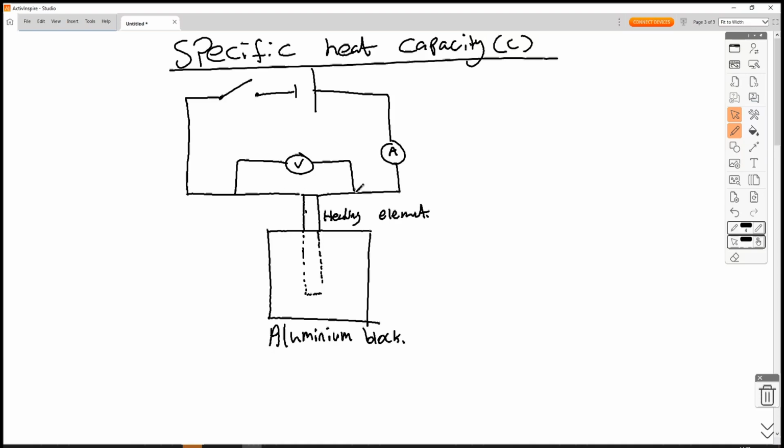And we have some method of measuring the voltage and the current. If we wanted to, we can also make this a variable. So if we simply place a variable resistor here, then we can adjust the potential difference that reaches that heating element.